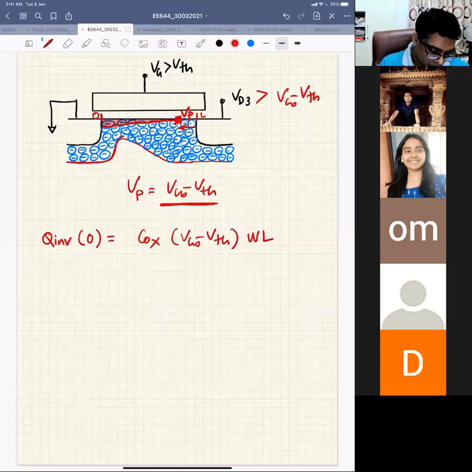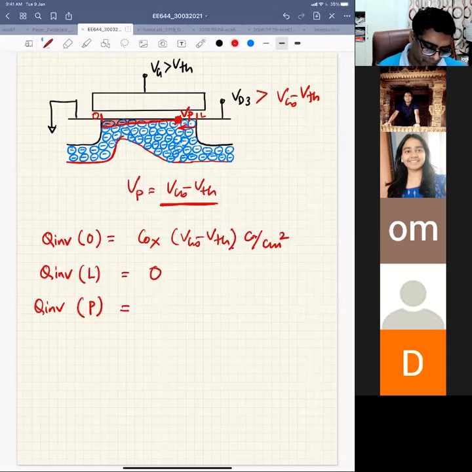Similarly, Q inversion, let's not multiply, so this is Coulomb per centimeter square. Q inversion at L is 0, and Q inversion at the pinch off point is again 0, right?